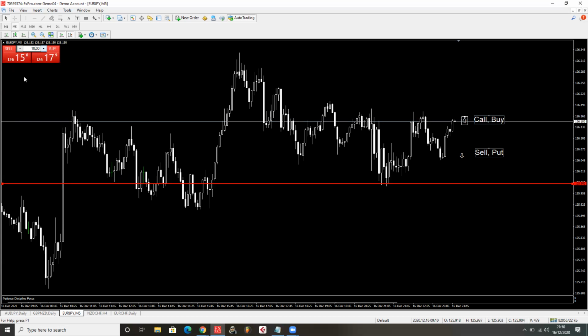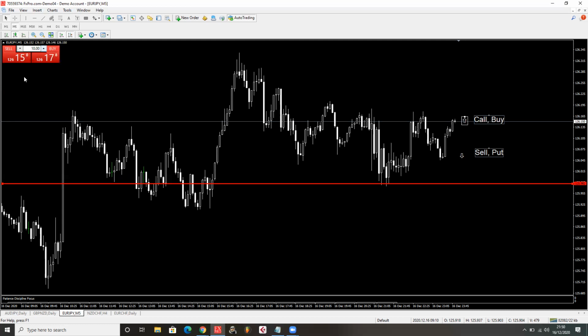And a call, they can make a call for, let's say, 1.26315. So you have to wait for the market to reach that level before you buy that certain currency, and also vice versa for sell.